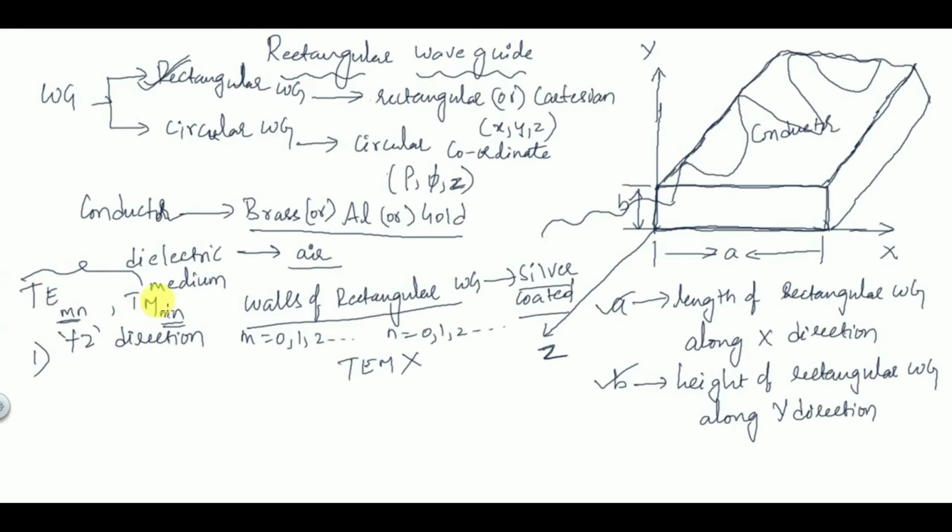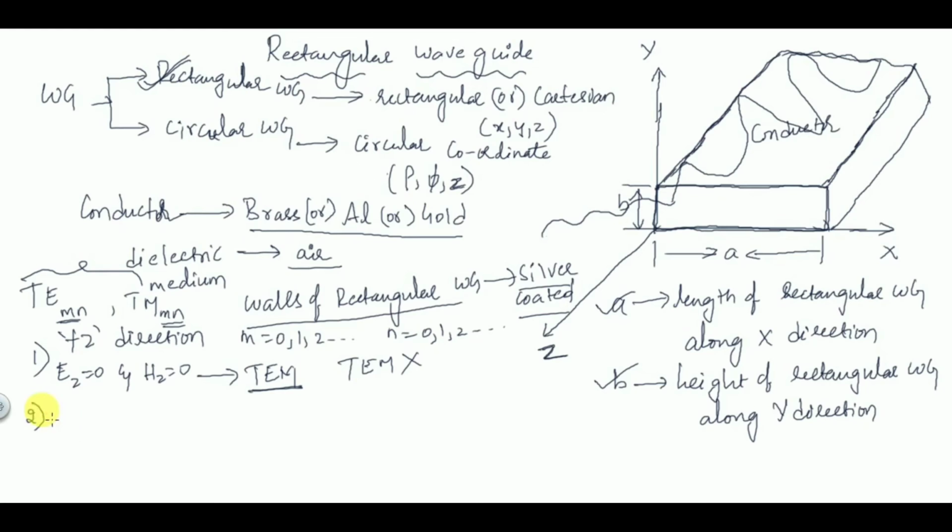When the wave is traveling along plus Z direction, if Ez is equal to 0 and Hz is equal to 0, like the plane wave we have learned, that mode is called TEM mode. It does not have electric field and magnetic field along the direction of propagation.